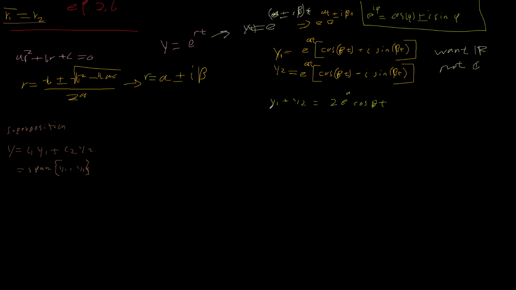So we can put this into one equation here. I'm going to call this f, simple f of t. Actually, sorry, I'm bad with these. mu of t is equal to 1/2 times y1 plus y2, or just e to the alpha t cosine beta t.